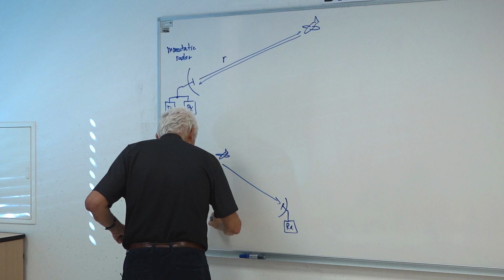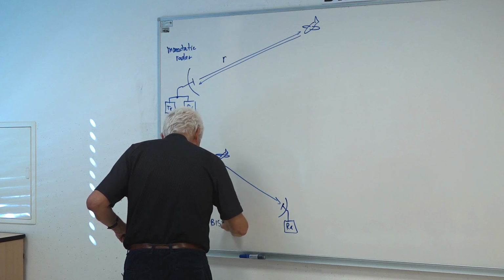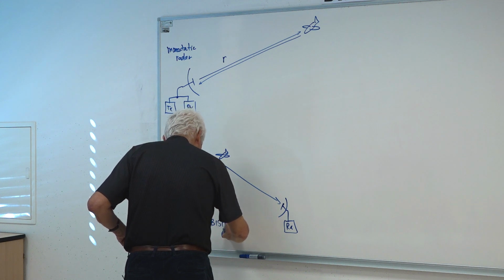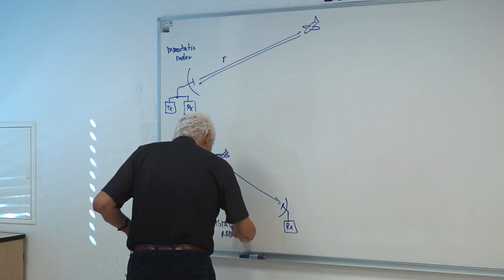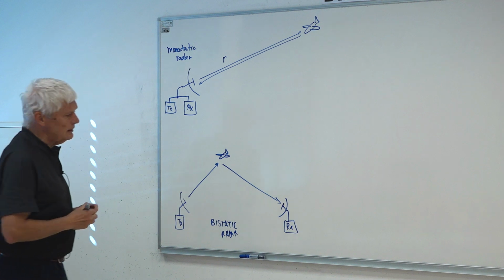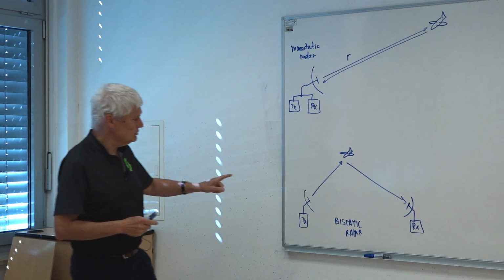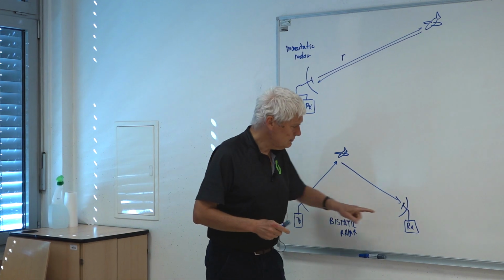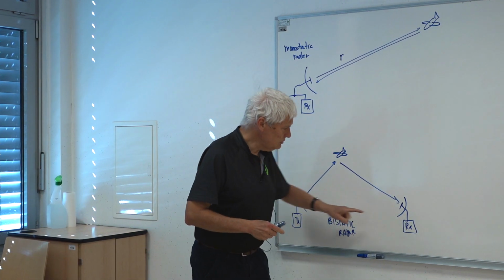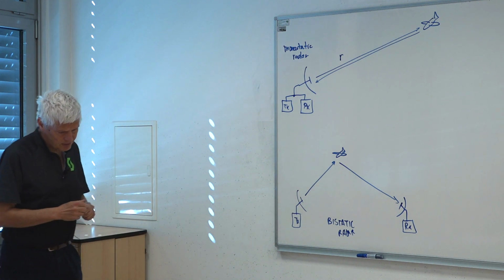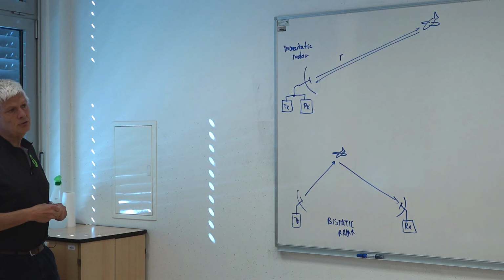So this is also called bistatic radar. Bistatic radar can be built, but it is very difficult to use. There are two separate devices you need to have at different locations, and for the military users, this is simply too complicated.